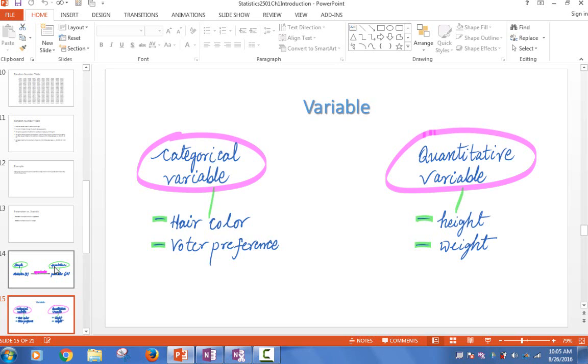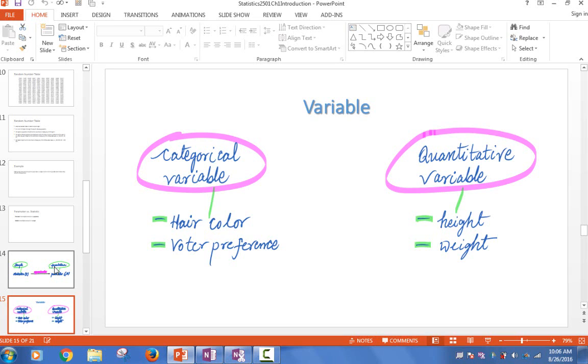Categorical variables are variables like hair color, voter preference. So categorical variables basically divide the individuals or objects into categories or groups. So if you look at hair color, let's say the hair colors are blonde, black, red, I don't know, what else is there?